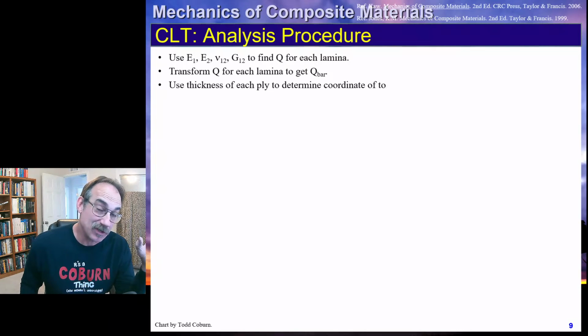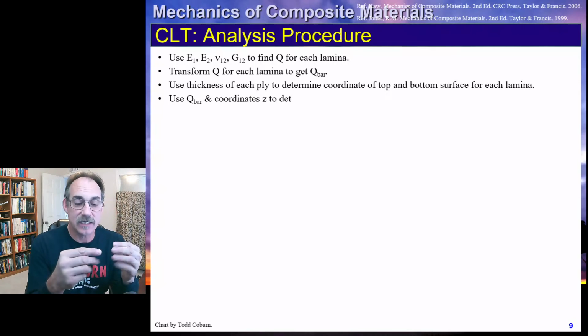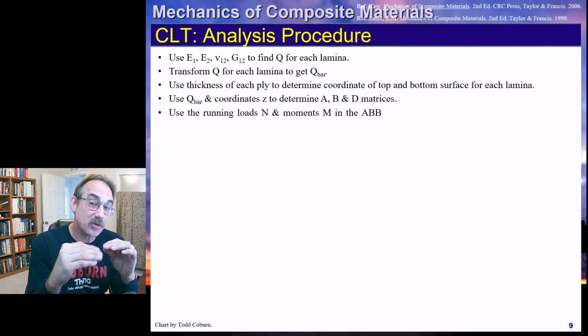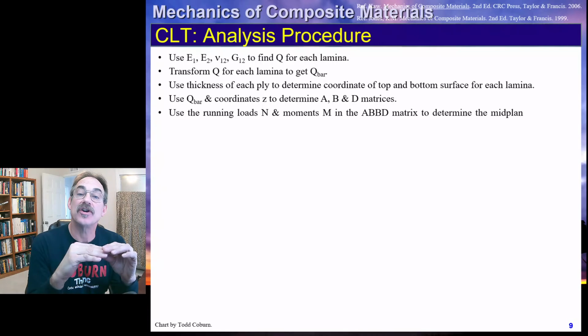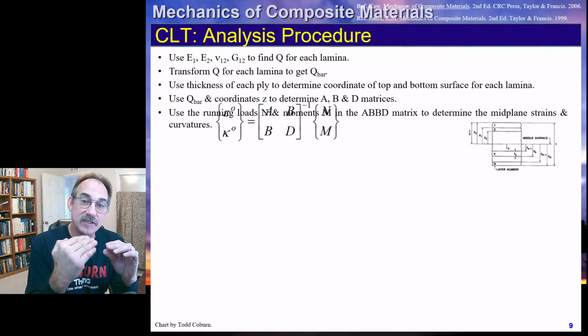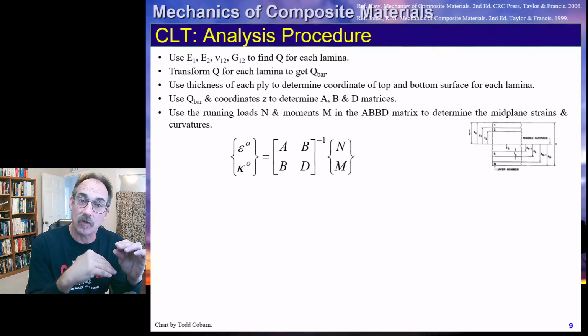Now, you'll notice we just got to that first ply, and actually we would go through this process. Once we get the midplane strain for each lamina, we then turn those into stresses for the lamina, and then we transform them to a material principal direction. And then we do that again for the second ply, for the third ply, for the fourth ply.